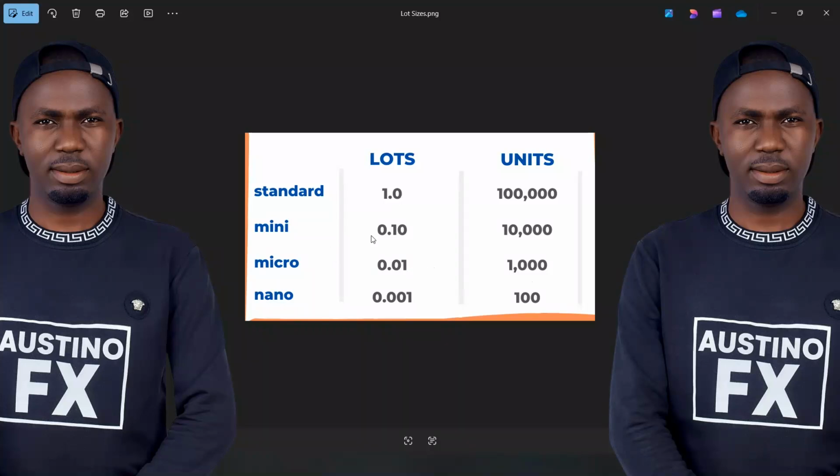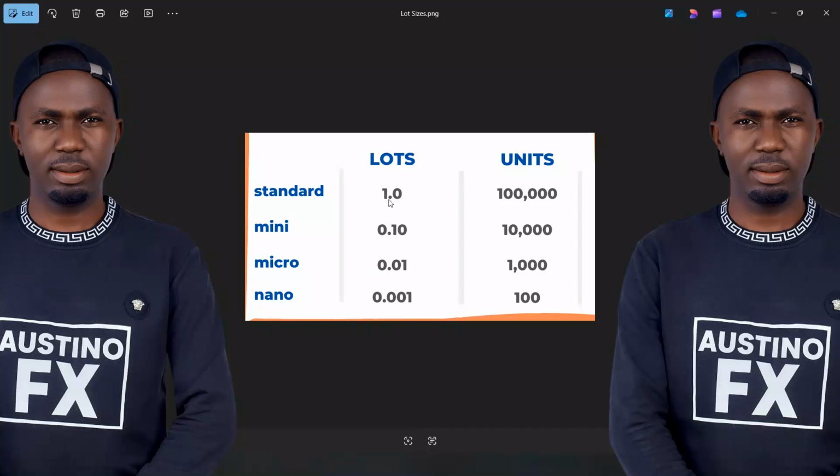Then if you have a capital of $1,000, you can use the mini lot size, which is 0.10. If your capital is $1,000 or $2,000, you can use the 0.10, which is 10,000 units. But if your capital is $10,000 and above, then you can use the standard lot size.